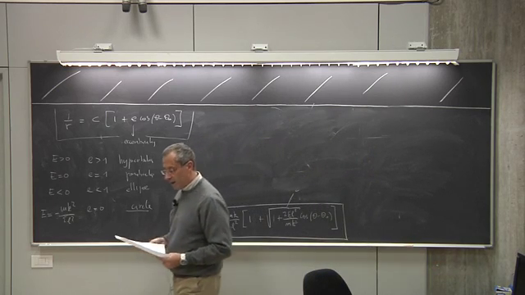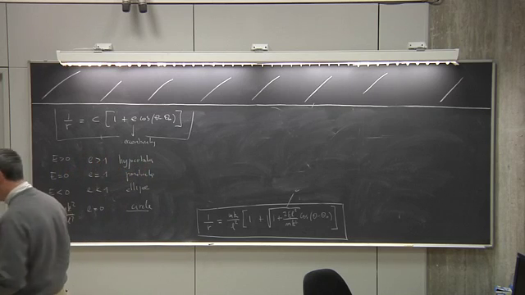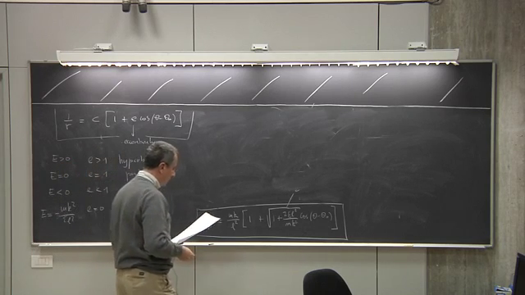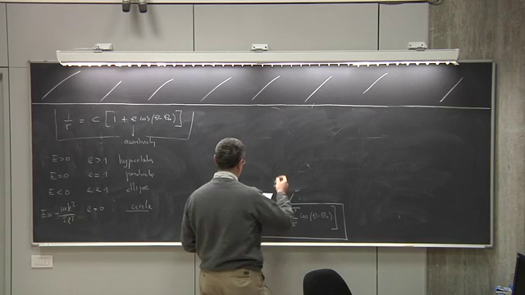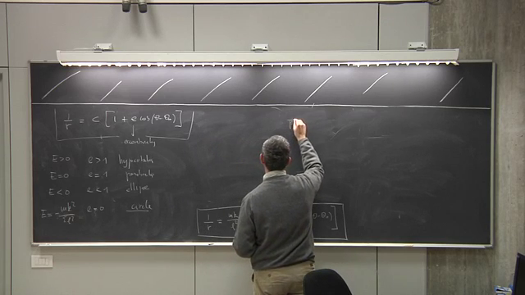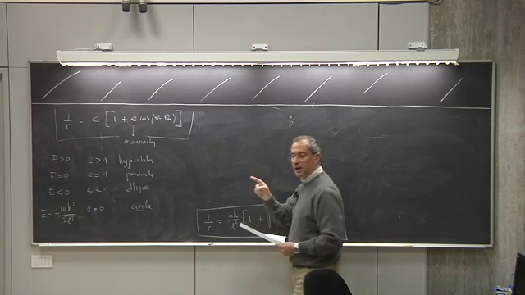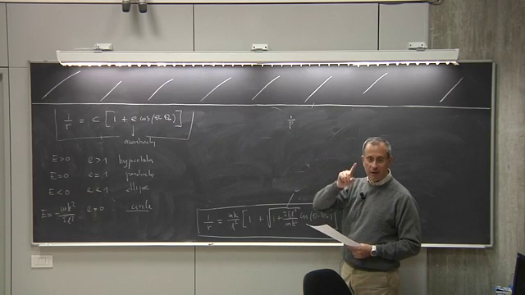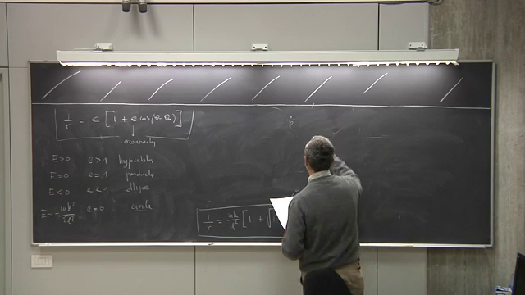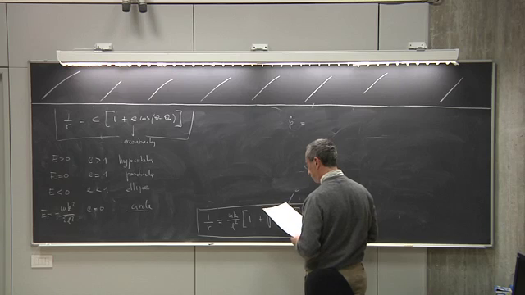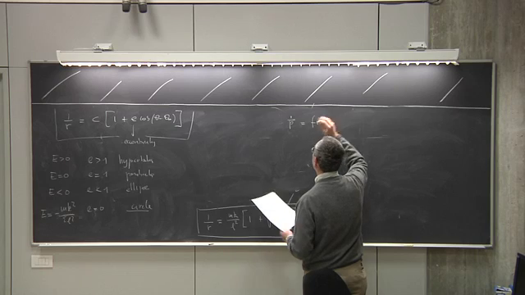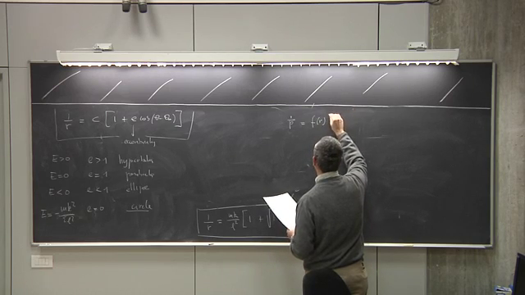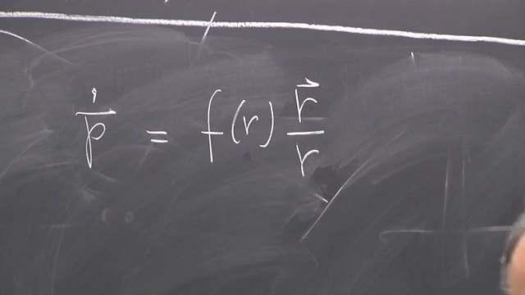If you look at the motion in a central force problem, let's do it using Newton's law. So what is Newton's law? Newton's law tells you that p dot, that is m times the acceleration, is equal, for a central force, to some function of r pointing in the direction of the distance.